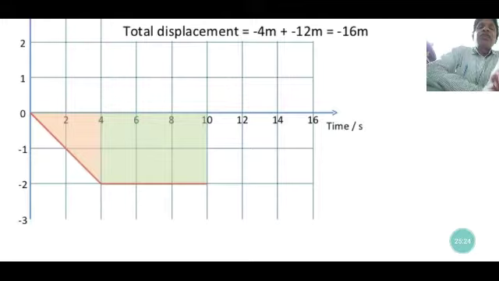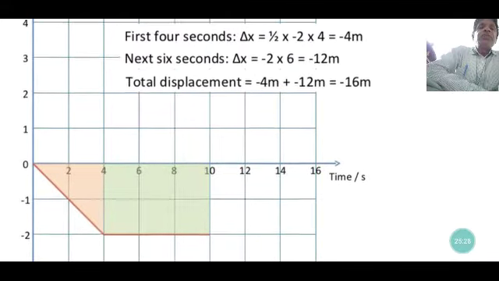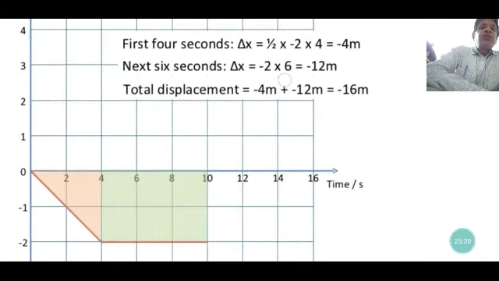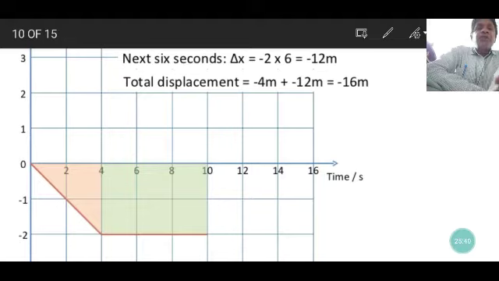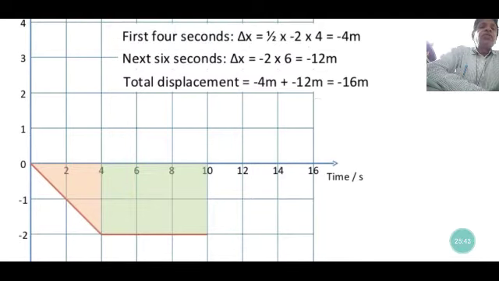Now, what is the area covered during the time interval? That will be half into the perpendicular line of the triangle, represented by -2 meter, and the time is always positive, that is 4. You get the -4 meter area, that gives the displacement.